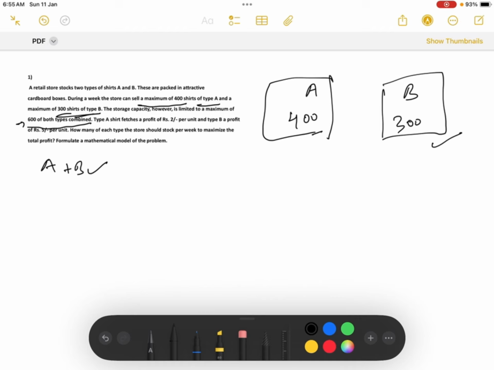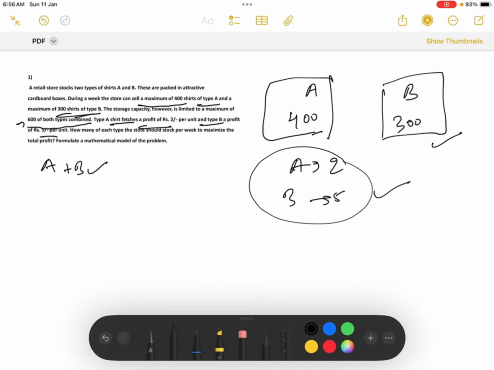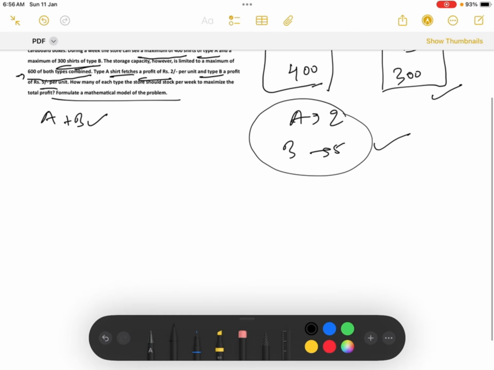Now about the profit: a profit of 2 rupees per unit of type A and a profit of 5 rupees per unit of type B. So A is fetching 2 and B is fetching 5. What we have to do is formulate a mathematical problem. In simple words, profit is a good thing, so we need to maximize this profit.